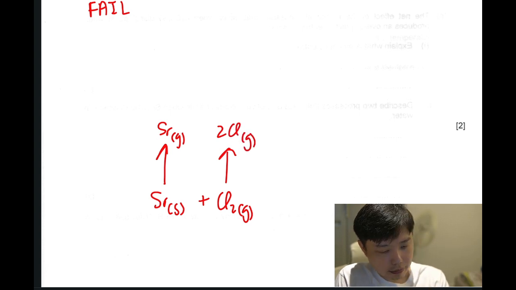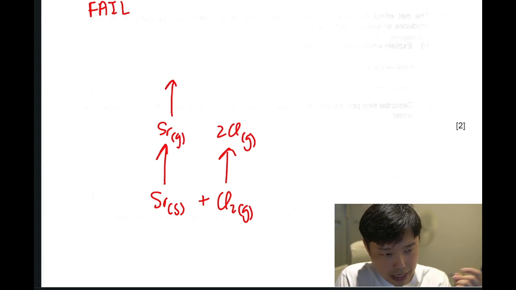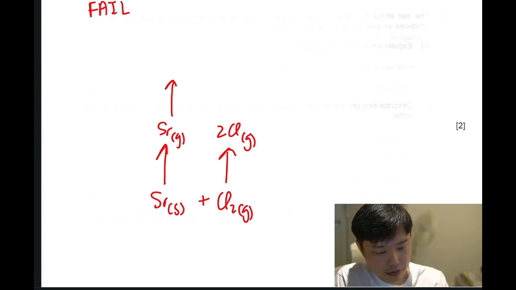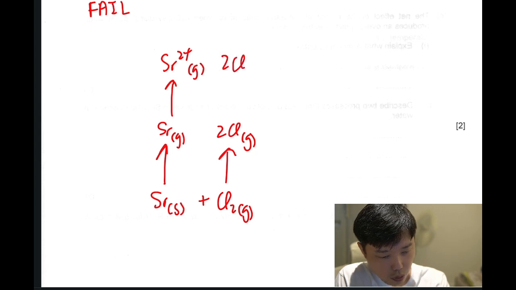And then after that, you will ionize it. The ionization, you need to do two, right? First and second IE. Okay, let me just put it in. Strontium 2+ gaseous, and then you have 2 Cl- gaseous.